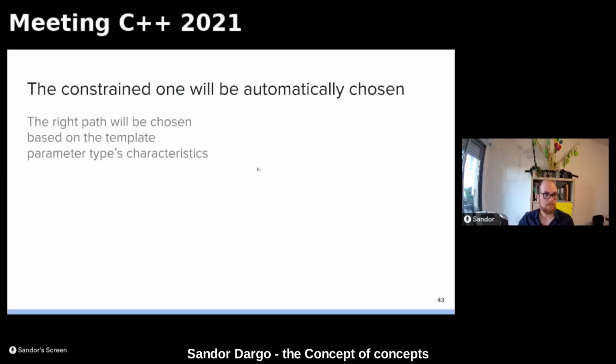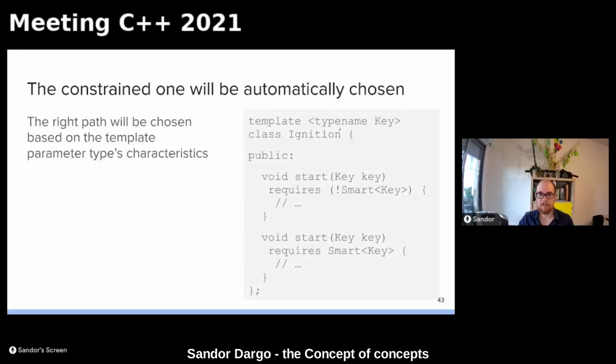And the compiler will always automatically choose the right path based on the template parameter types' characteristics. So here, you see that we have an overload where we say that key should not be smart, and in the other one we say that key should be smart. So this is not the way to go. You should not write this.